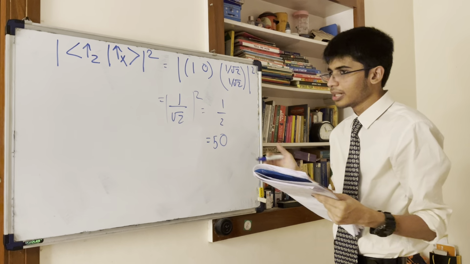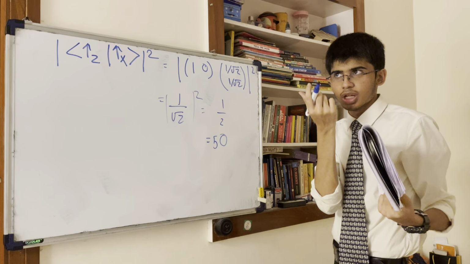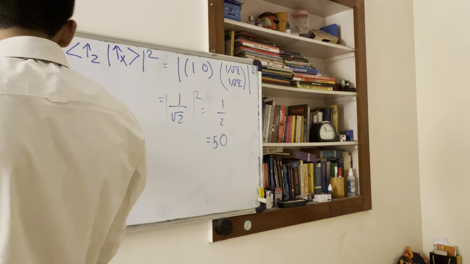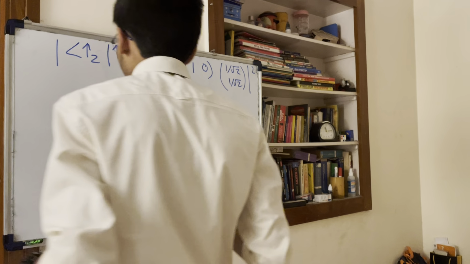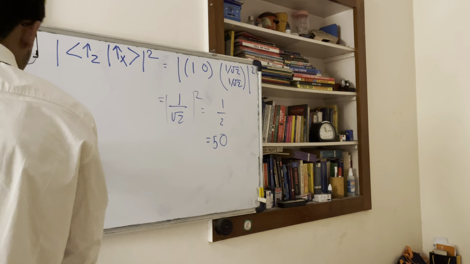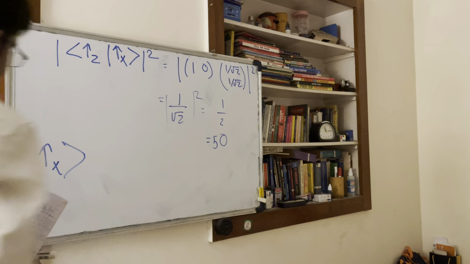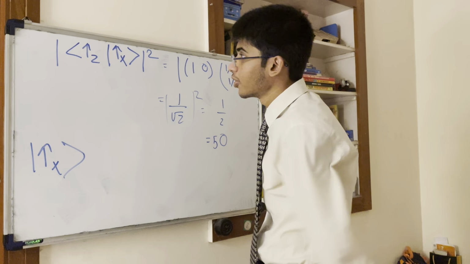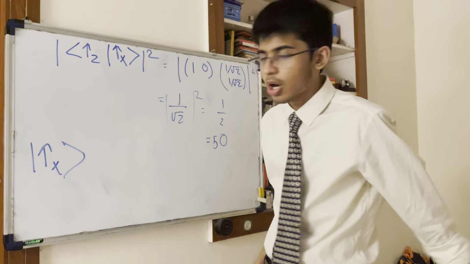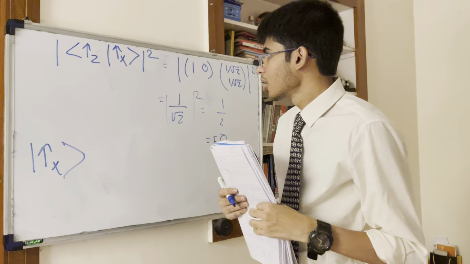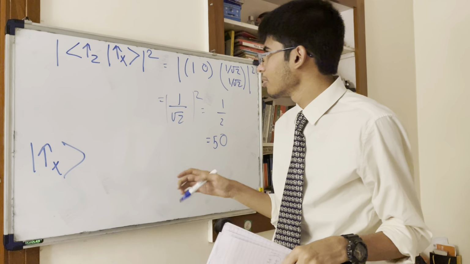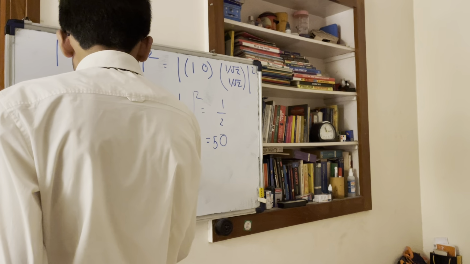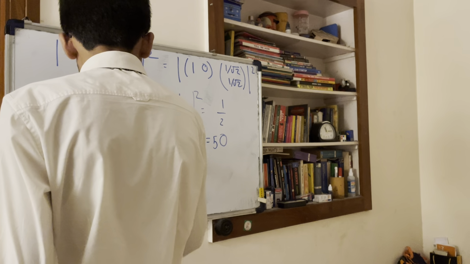Now when we say 50%, it is a very important number in statistics. If we want to express the ket of the vector being spin up along the x-axis, we can write this as a linear combination with respect to some other axis. How? I can write this as 1 by root 2 times spin up of z plus spin down of z.